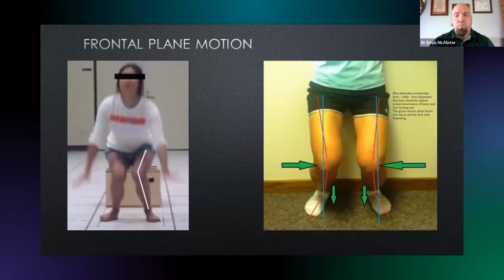So when we talk about frontal plane motion, they just had her do a simple drop box test. They have her jump down, she lands, they managed to catch it on motion camera, and then we look at the angle of the knees as they collapse. This one, she looks kind of flat-footed as well. So typically I don't test people barefooted, especially if they have flat feet, because you're going to pick out problems that you can't necessarily fix.